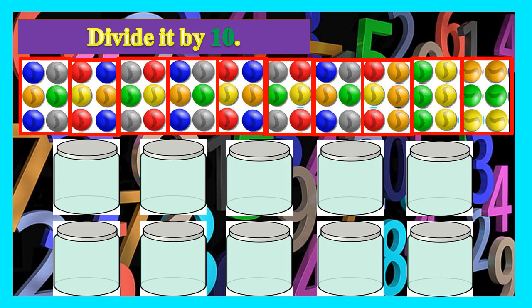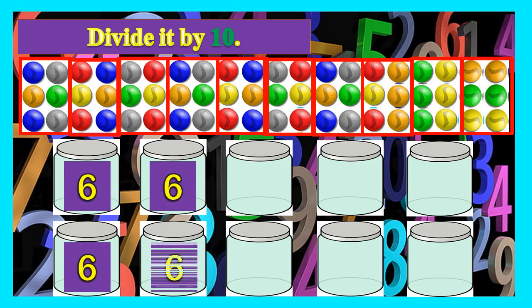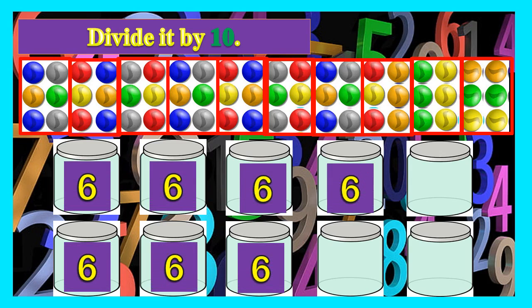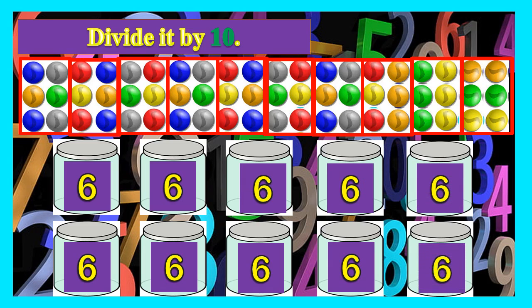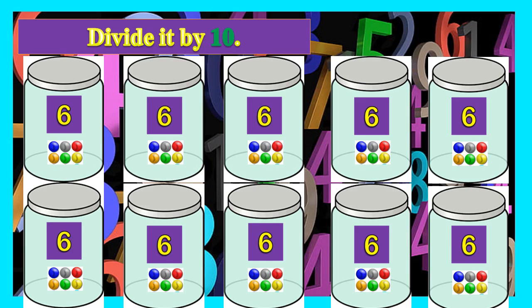So I divided Jack's marbles into 10 equal sets, or into 10 equal groups. So how many marbles are there in each set or in each group? You're correct. There are 6 marbles. So, how many marbles are there in each jar? There are 6 marbles in each jar.